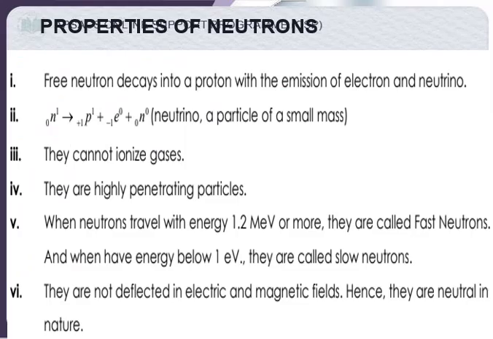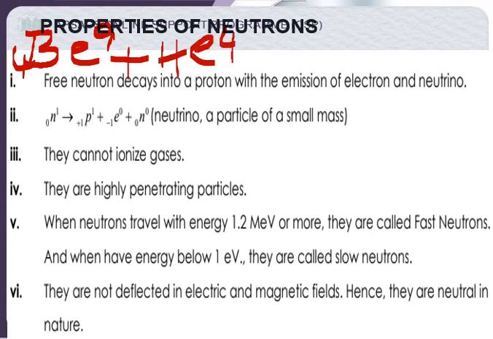Now before we go to the properties of neutron, the equation for the James Chadwick experiment is mentioned here. Beryllium with mass 9 and atomic number 4, when it reacts with alpha particles, that is 4 and 2, the mass is added, the atomic number is also added.